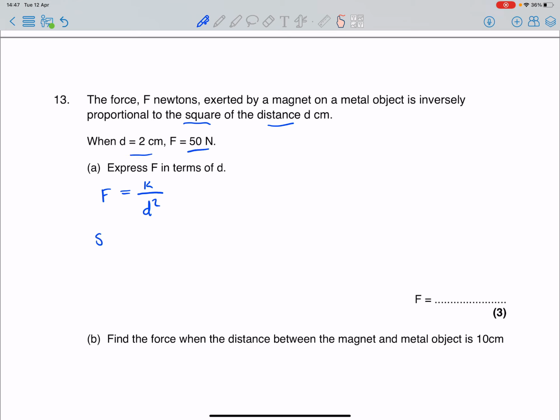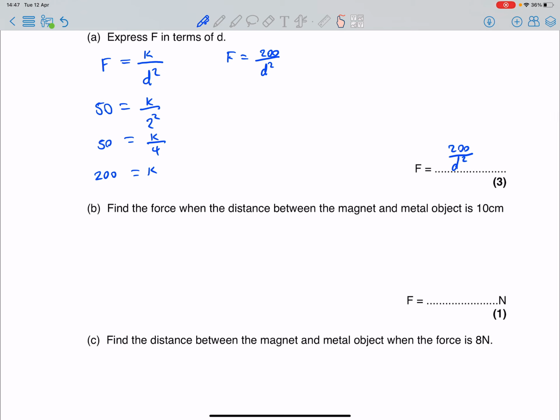So we have 50 is equal to K over d squared, or 2 squared. So 50 is equal to K over 4. Therefore, 200 is equal to K. So our final expression of F in terms of d is equal to 200 over d squared. That's it. So F equals 200 over d squared.